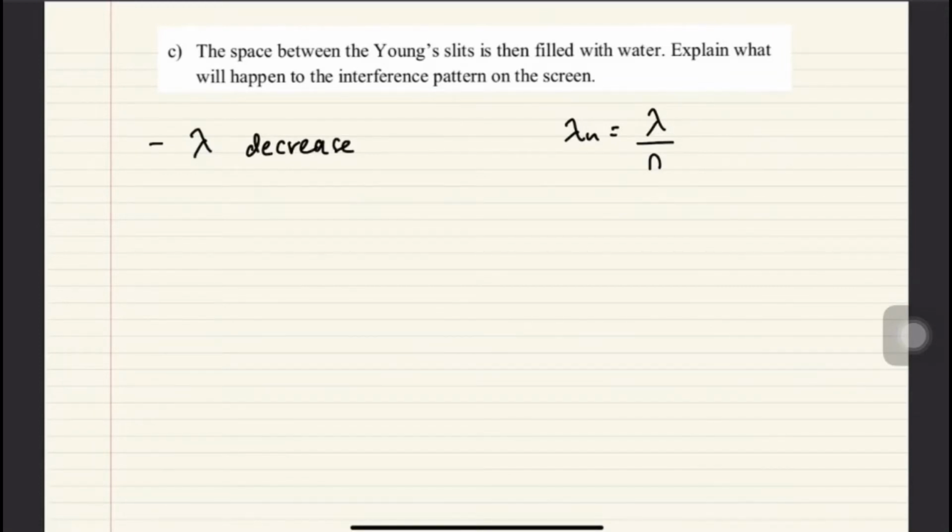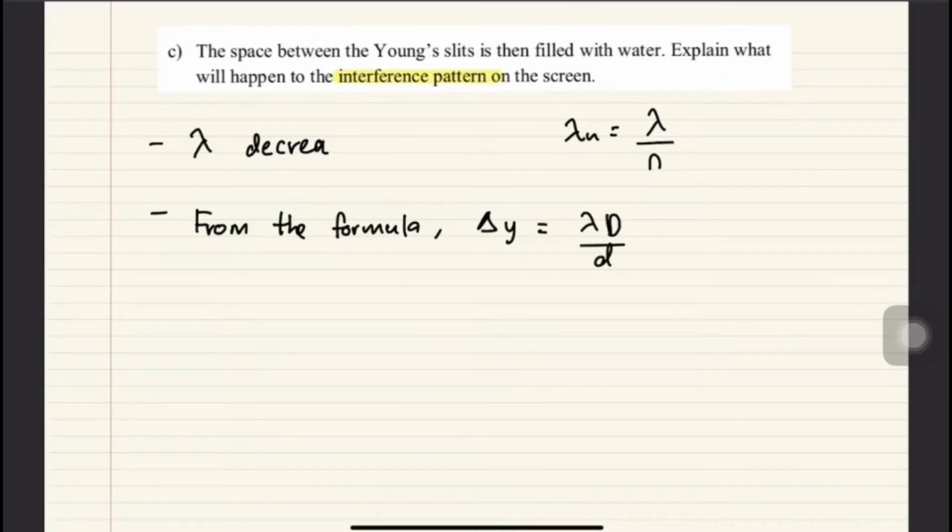Now, what can you say about the interference pattern? Because the question wants you to describe what will happen to the interference pattern. If you want to explain, you have to explain based on the formula itself. So here, from the formula, delta y equals lambda D over d.